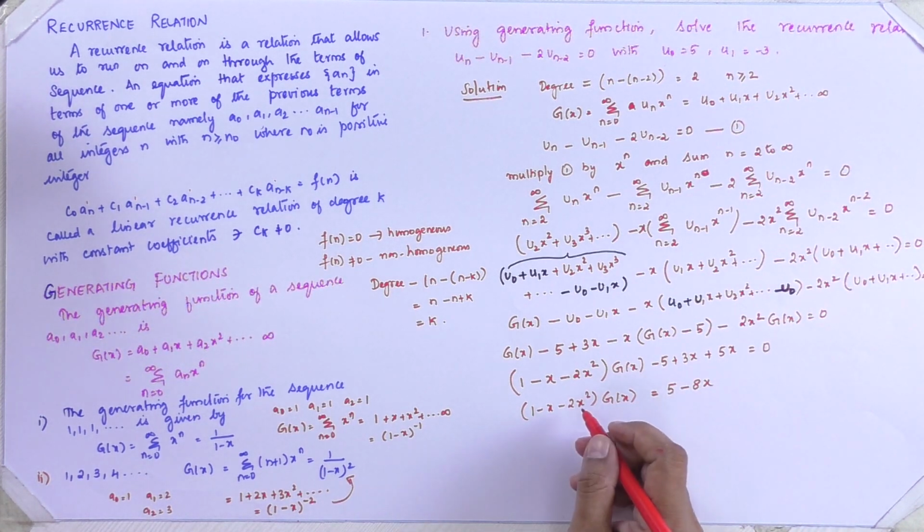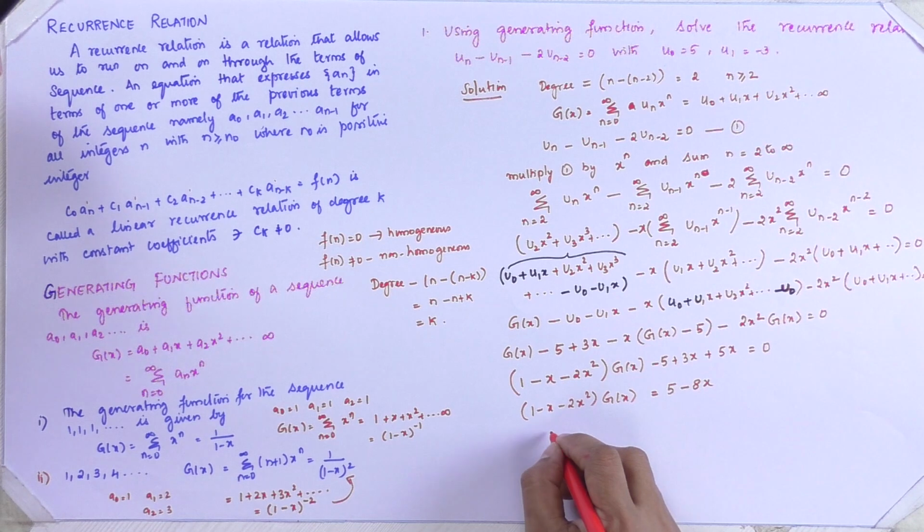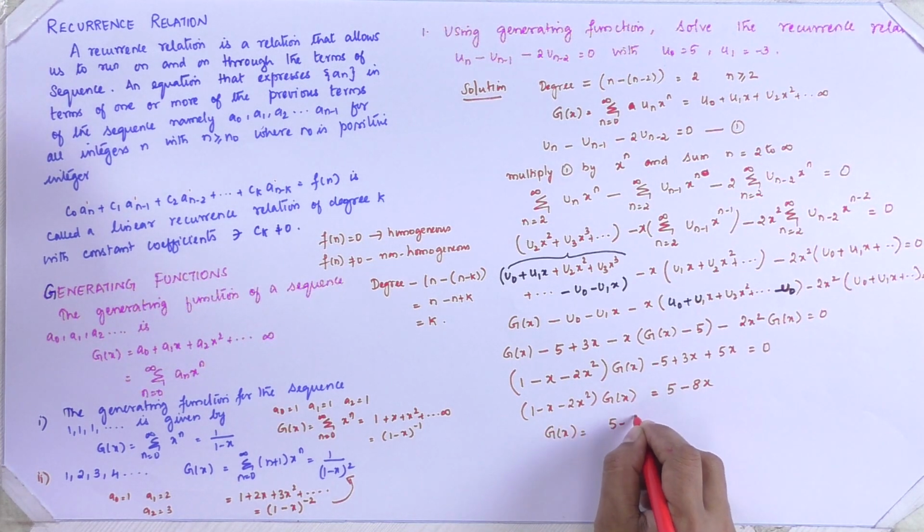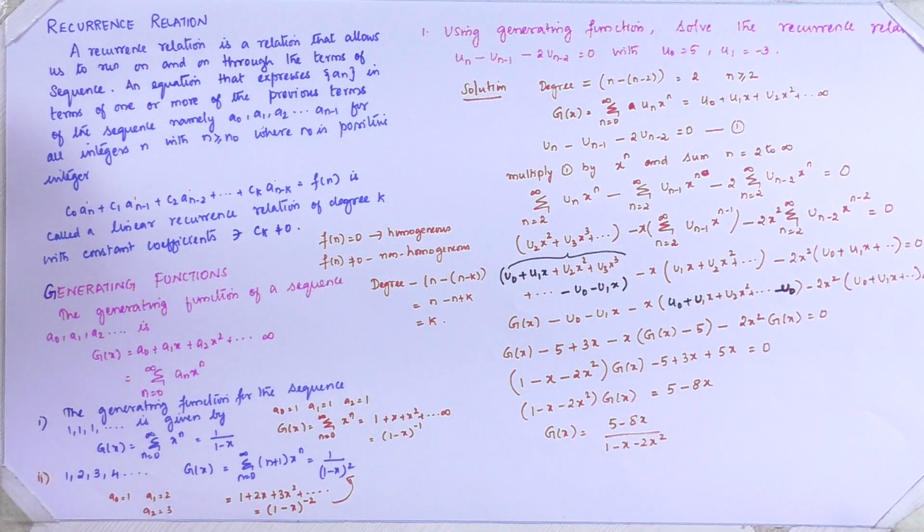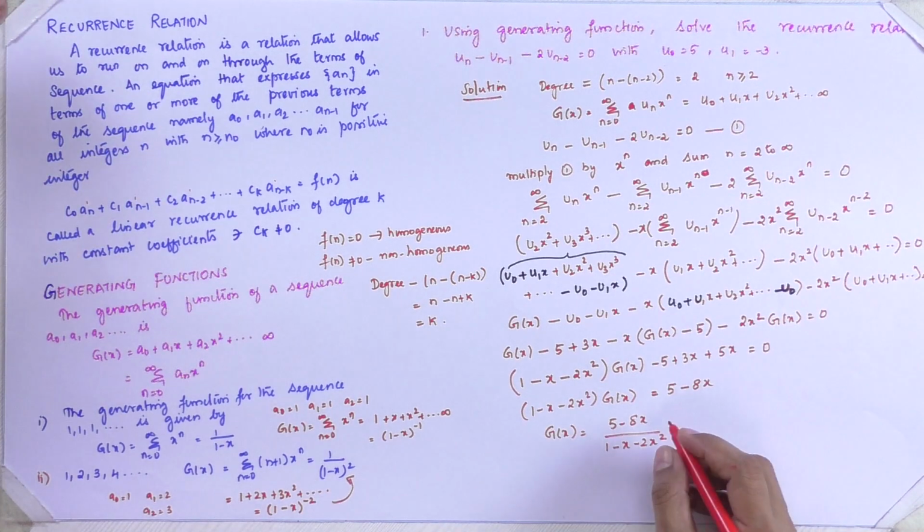So I will have to solve this for my un. So my g of x will be equal to 5 minus 8x divided by 1 minus x minus 2x square, right? So now I'll try to write this in terms of a quadratic form, then I will factorize it. After that we will undergo the partial fractions. Somehow I should find out what is my un.